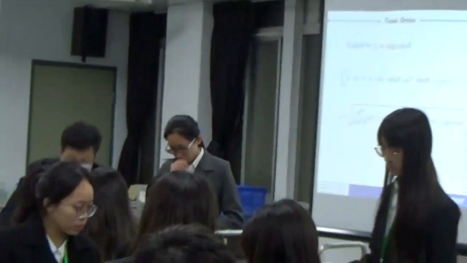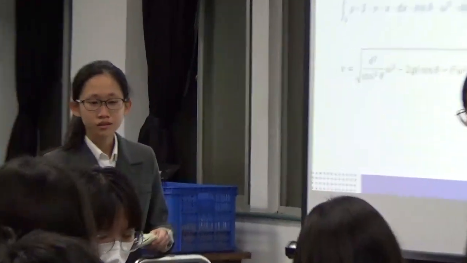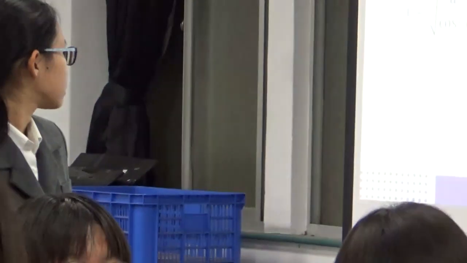The last equation, if you check the dimension, it's not consistent. Can you tell which one is not consistent with the other? The dimension, the unit in each term. The last equation, v equals the square root of. Now check the units. Yes, there's one term that is not right.